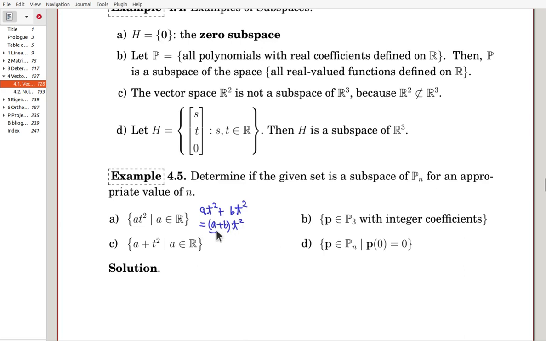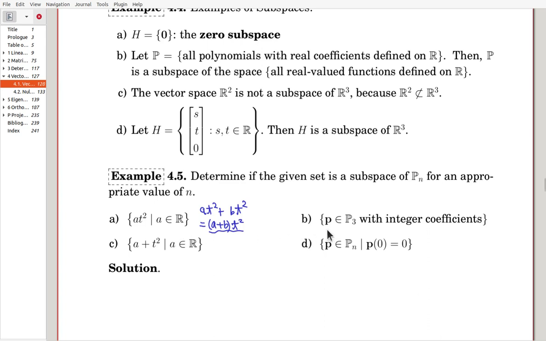So that will be again a form in this set, so it is closed under addition. Also, even if you multiply by any scalar c, it is again another element, so it is a subspace.